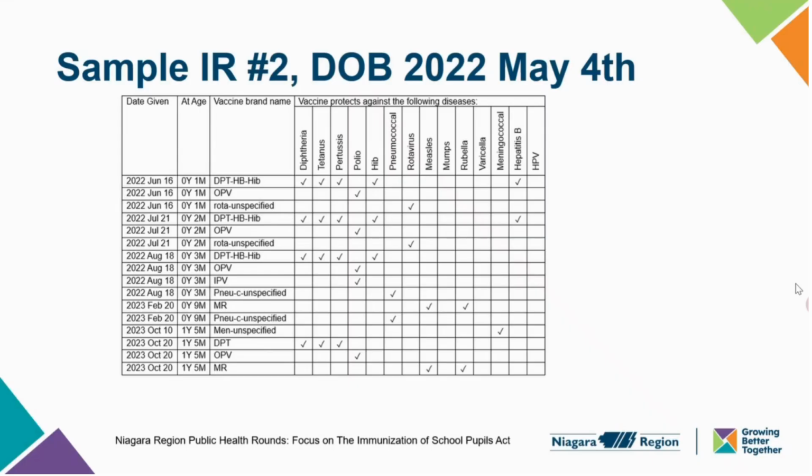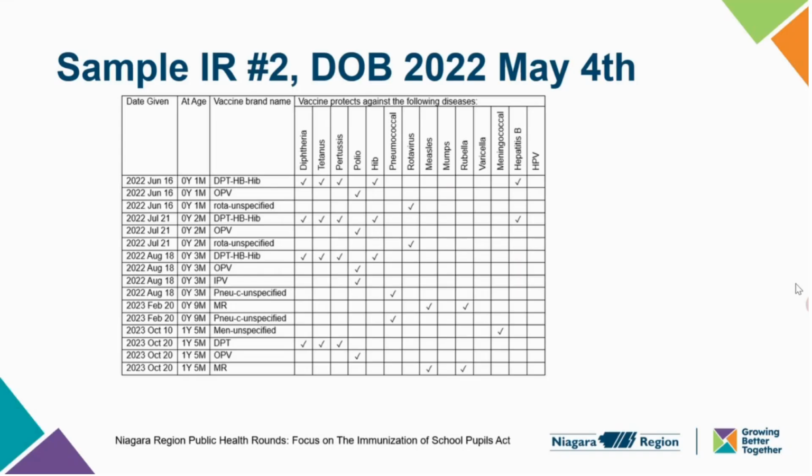You cannot combine the MMR and varicella just yet because MMRV as Proquad can only be given to kids between the ages of 4 to under 13 years, and they're not quite that old yet. So you would give the MMR and the varicella separately.